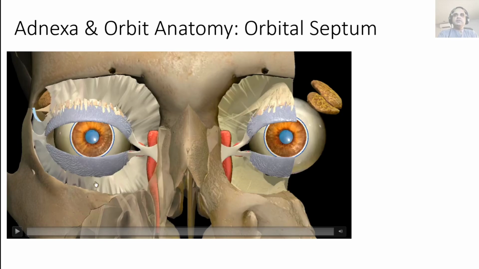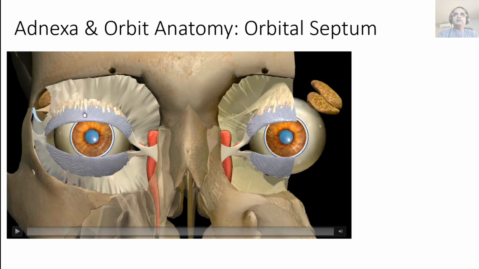This whitish creamish structure is the orbital septum, and as you can see, it's a reflection of the periosteum of the bony orbital margin, and it forms a 360-degree barrier between the tissues anterior to it, which are the lid tissues, and the tissues behind it, which are the orbital tissues.